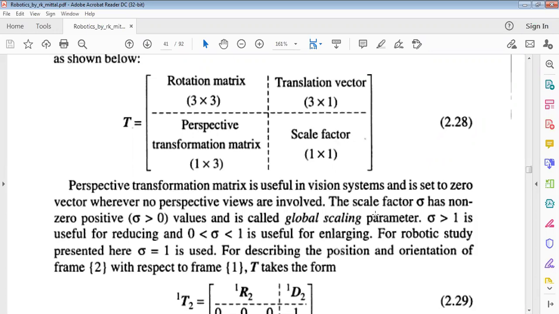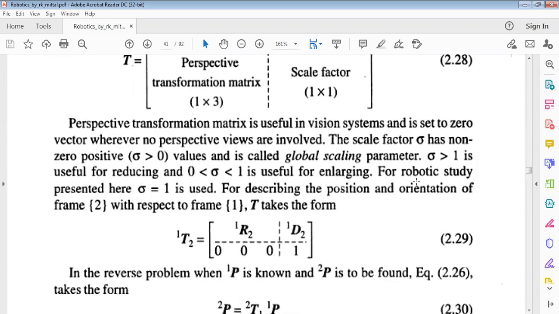The scale factor is a non-zero positive value, always greater than 0. It is called the global scaling factor or a global scaling parameter. Sigma greater than 1 is useful for reducing.